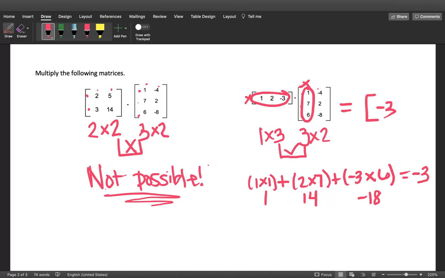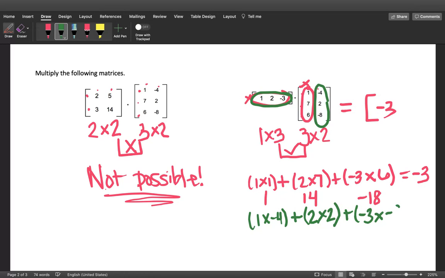Okay, now I'm going to do the first row, second column. So I would do 1 times negative 4 plus 2 times 2 plus negative 3 times negative 8. 1 times negative 4 gives me negative 4. 2 times 2 gives me 4, so automatically those cancel out.